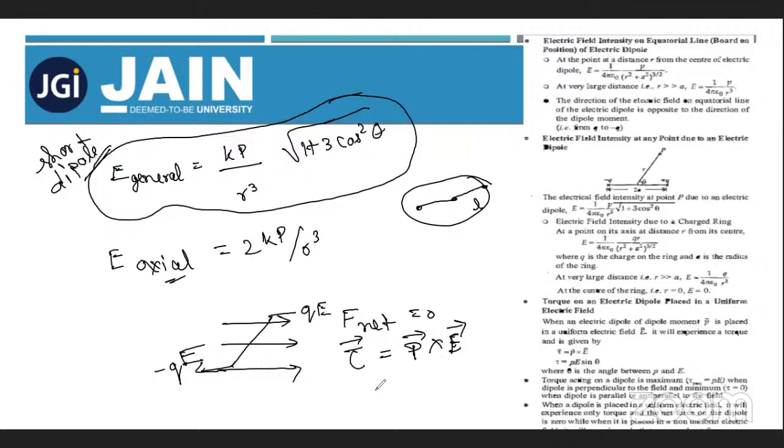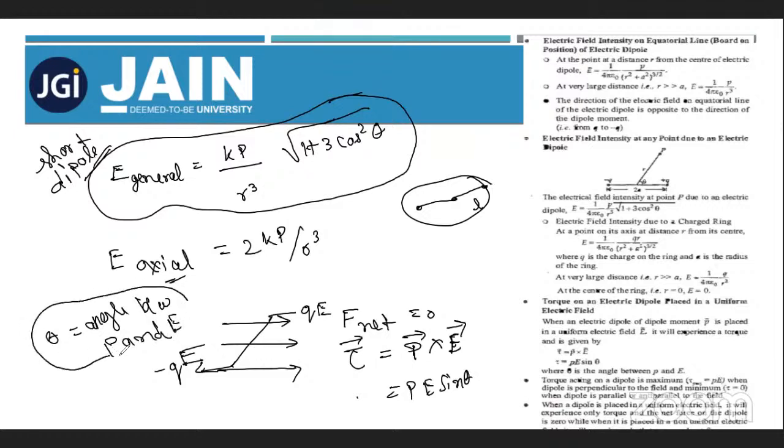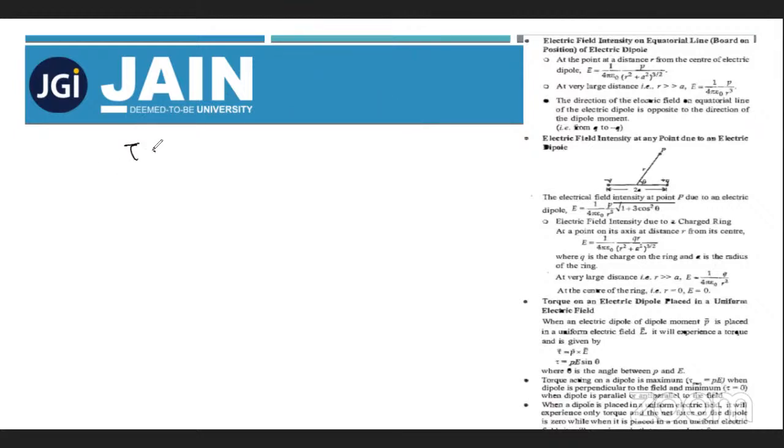If you remove the cross product, you can write it as P E sine theta, where theta is the angle between E and P.